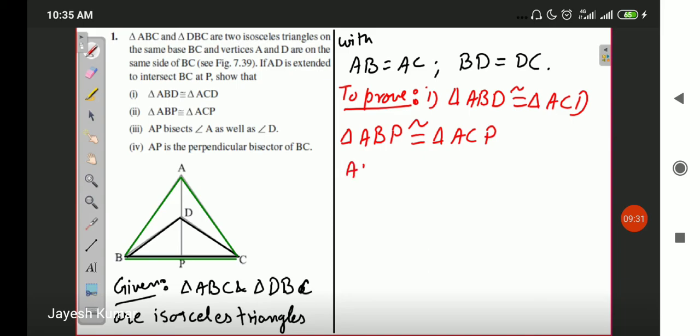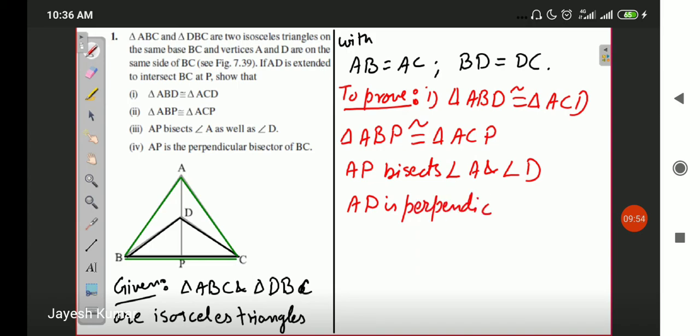Third, AP bisects angle A and angle D. And lastly, AP is the perpendicular bisector of BC. That means you have to prove that this angle is 90 degrees as well as BP and CP are both equal. Okay, so that is the last part.